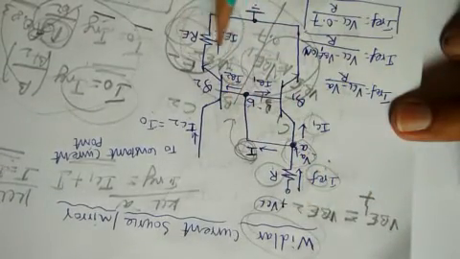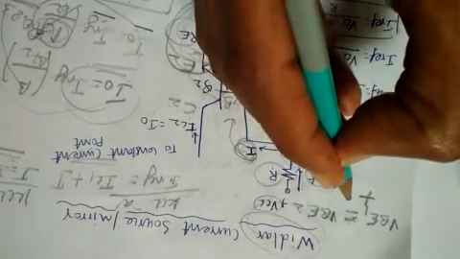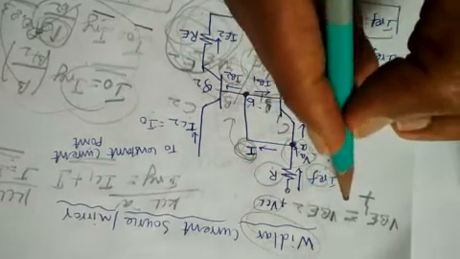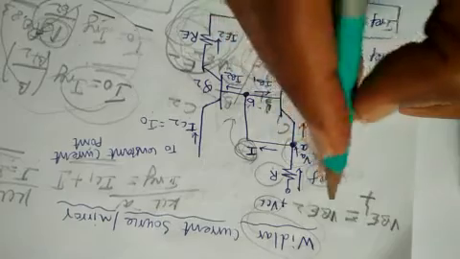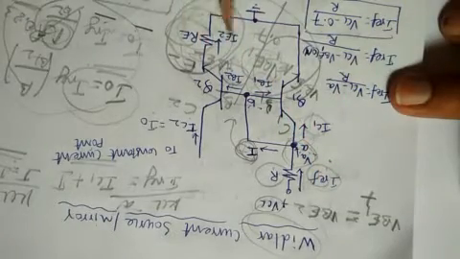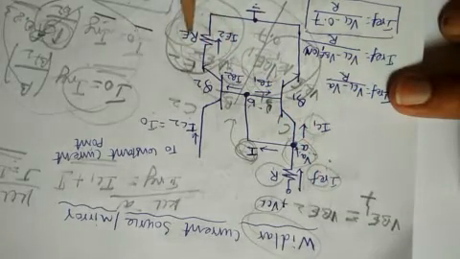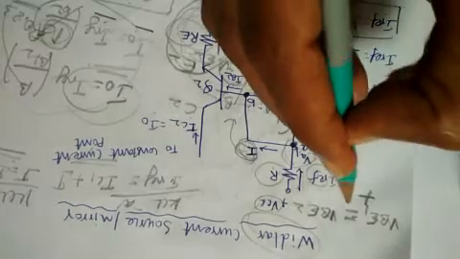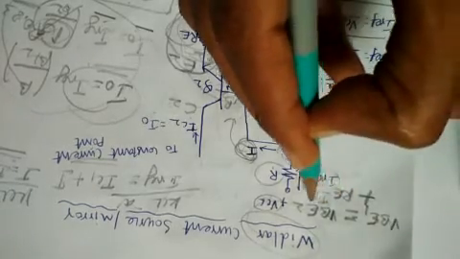The drop across this RE, according to Ohm's law, drop means potential V equals I into R. Here the drop is I into R, that is RE into IE2.